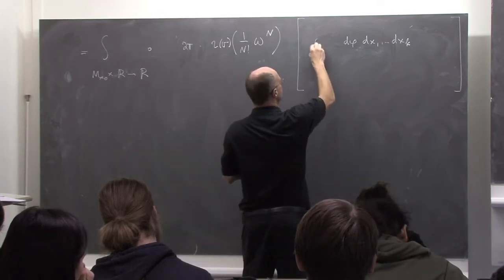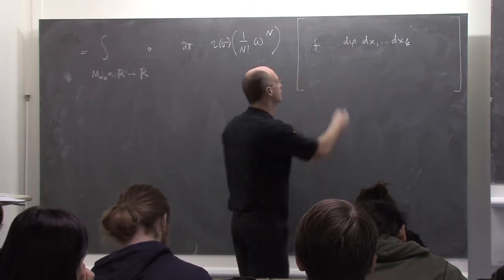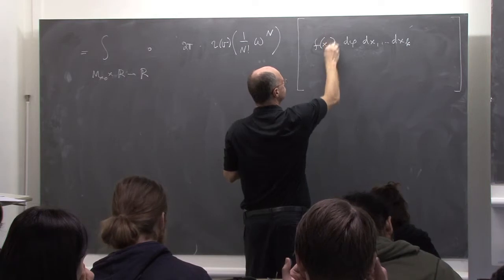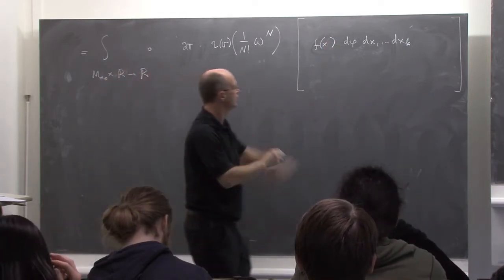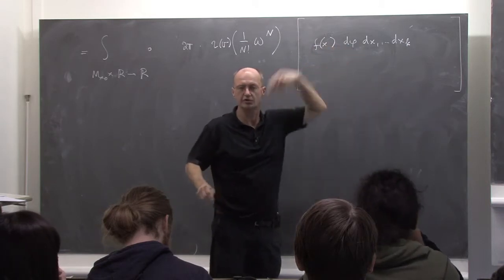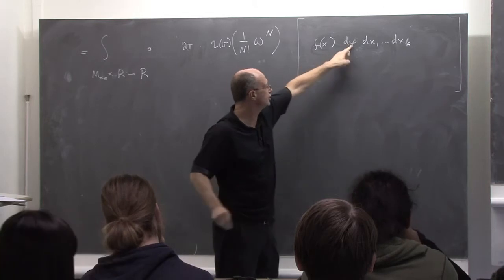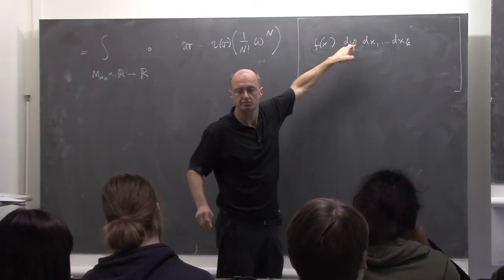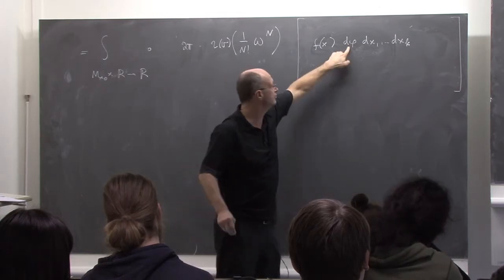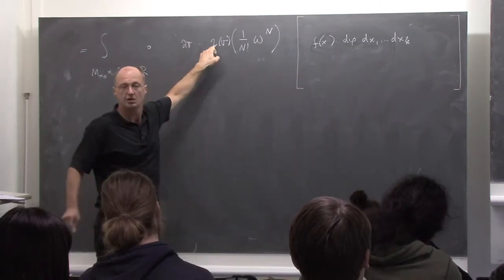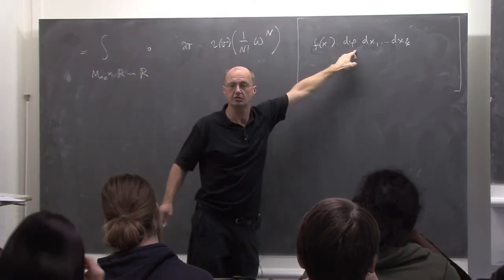And here there was a function which did not depend on phi, because it was invariant under the action of S1. And then we were integrating it over d phi. So this would mean that we kill d phi and multiply by the length of the circle. Killing d phi, abstractly speaking, is contraction with the fundamental vector field. That's how it looks locally.